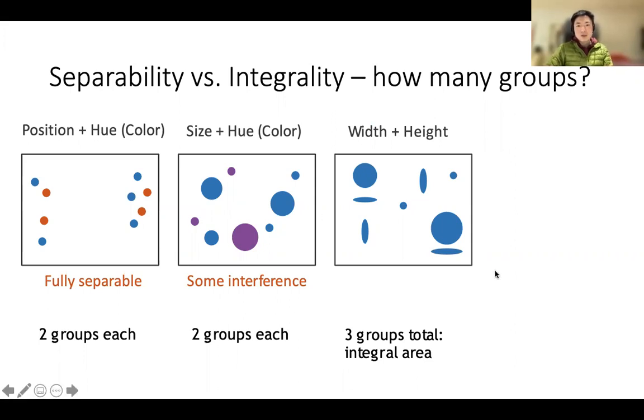But what you actually see is different types: circles, ellipses, and dots. The width and height are two different visual channels, but they have more interference, and people might perceive them as just one visual channel, which is shape or size.